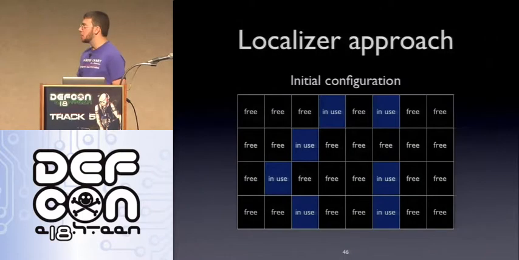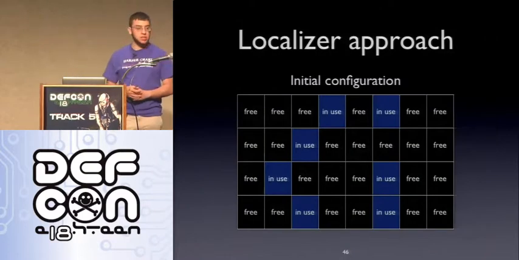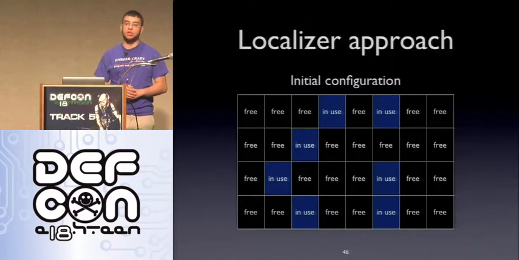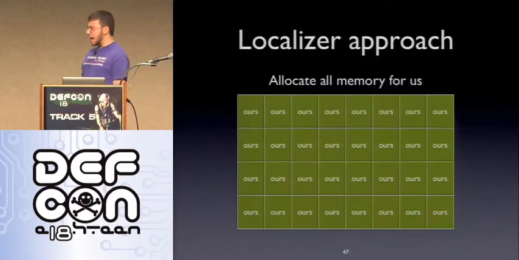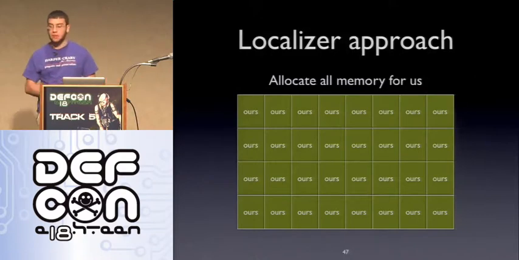Memory starts off kind of looking like this. It's fragmented. There's other people's memory all around, okay? Luckily, we can allocate about as much memory as we want, and that's exactly what we're going to do. All of the system's memory, minus the stuff that the kernel needs, goes to us now.